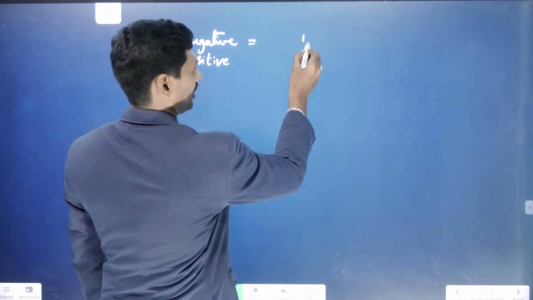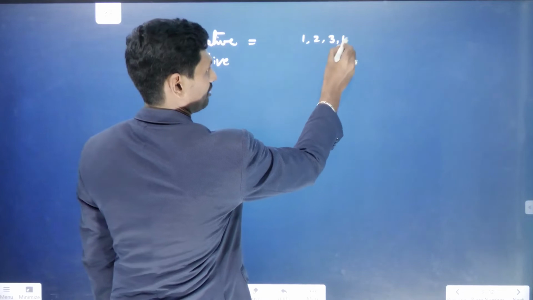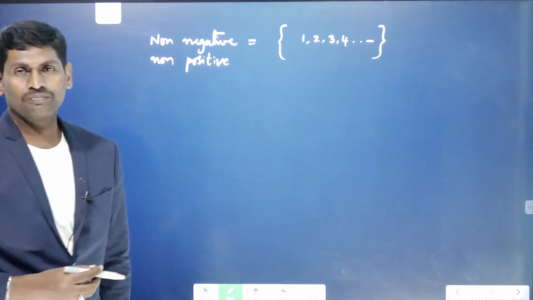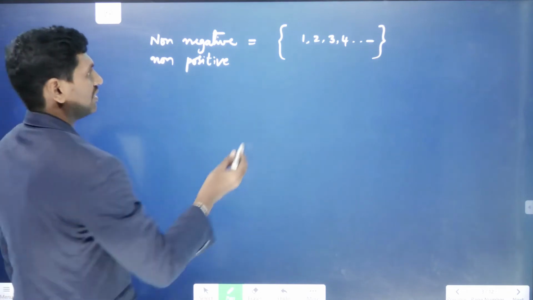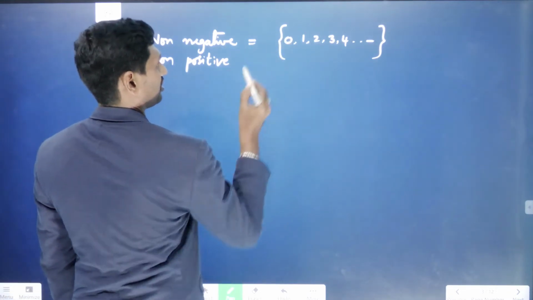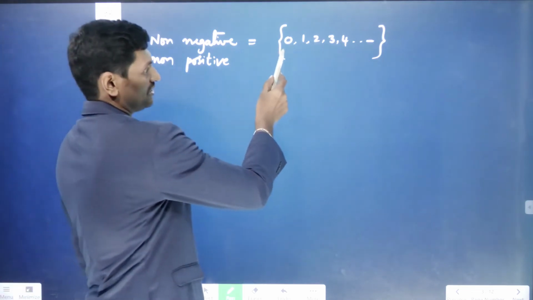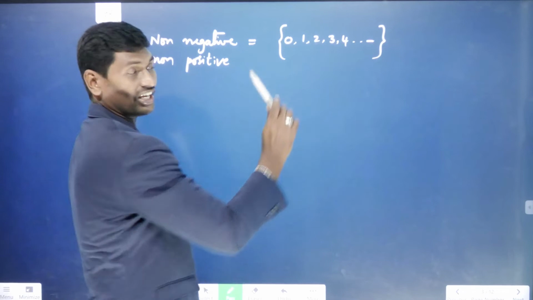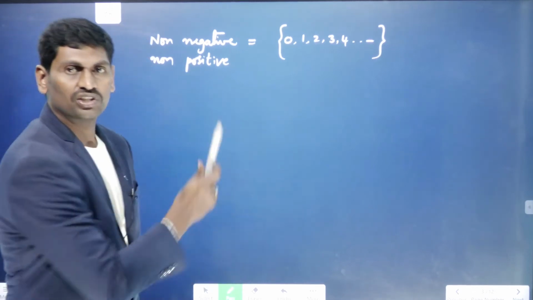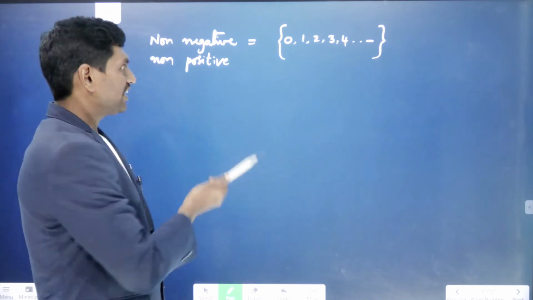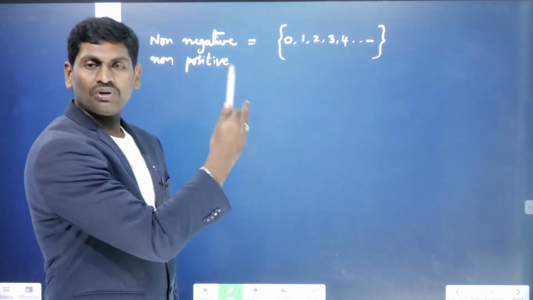That means 1, 2, 3, 4 and so on. But 0 is also a non-negative number, so we have to include 0 also. 0 is not negative, because 0 is neither negative nor positive. So in the non-negative set we take 0, 1, 2, 3, 4.